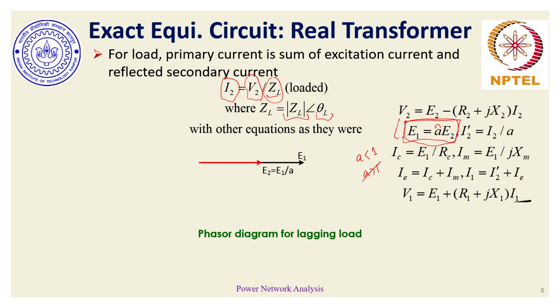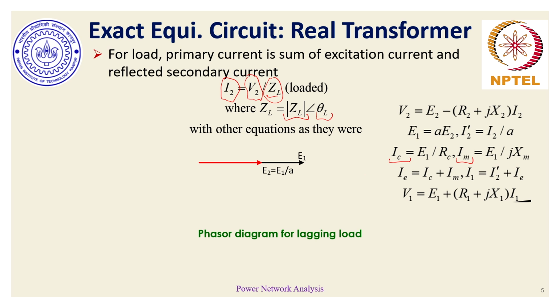So the next set of equations, if we look at them, we can easily figure out that no matter whether the transformer is loaded or unloaded, for a practical transformer we would have a non-zero core loss component of current. We would also have a non-zero magnetization current component, and these would be there no matter whether I2 is 0 or non-zero.